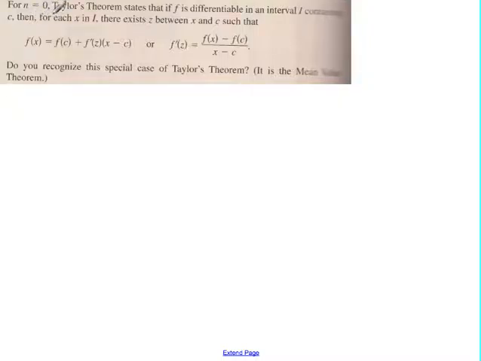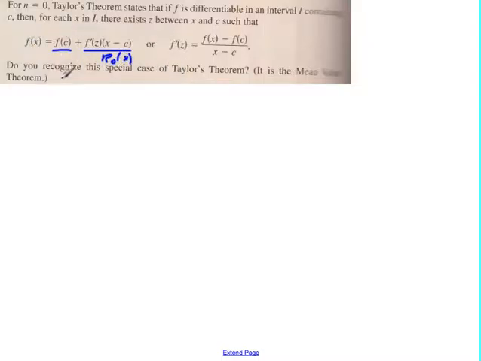So it says if you take the 0-order Taylor approximator, then the theorem states that if f is differentiable just once, right, in an interval containing c, then there exists a z between x and c such that the function is exactly equal to, there's your Taylor polynomial, and then this guy is the Lagrange error bound. R sub, in this case, is 0, right, of x. So it's exactly equal to that.